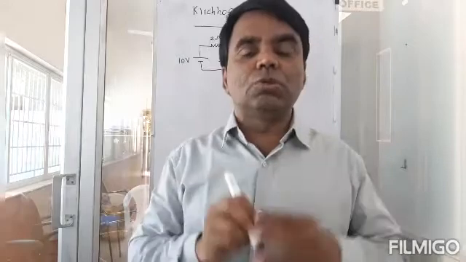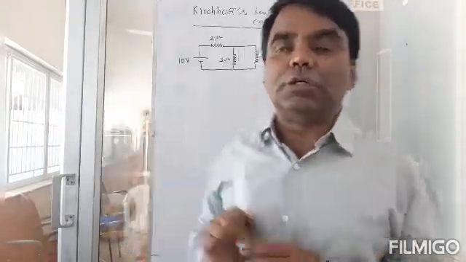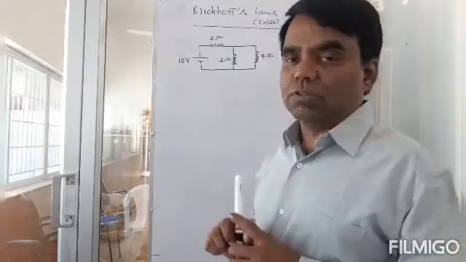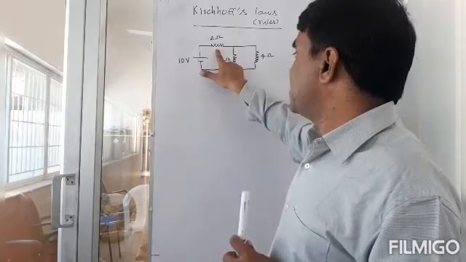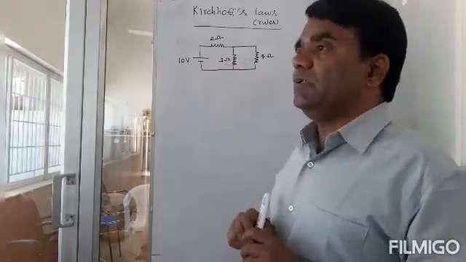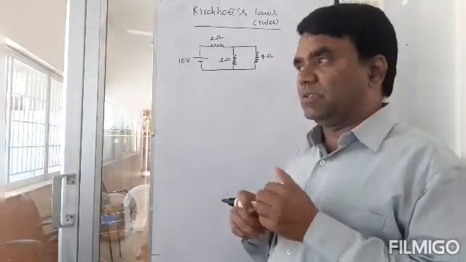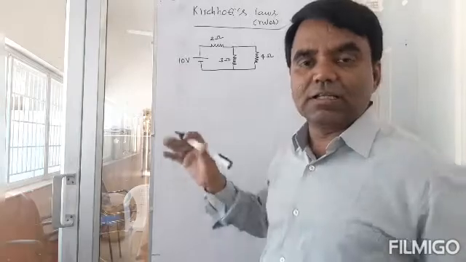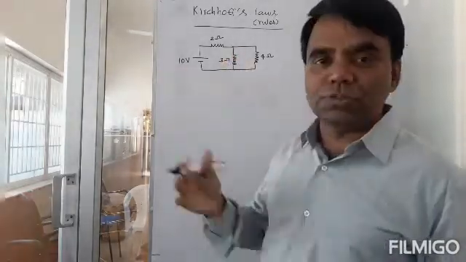Okay, using those two laws that we've just discussed, let's try to find out the current in the circuit. The current through this resistor, the current through this resistor, and the current through this resistor. This is a very simple circuit, so I will try to find the current in the circuit using Kirchhoff's laws.